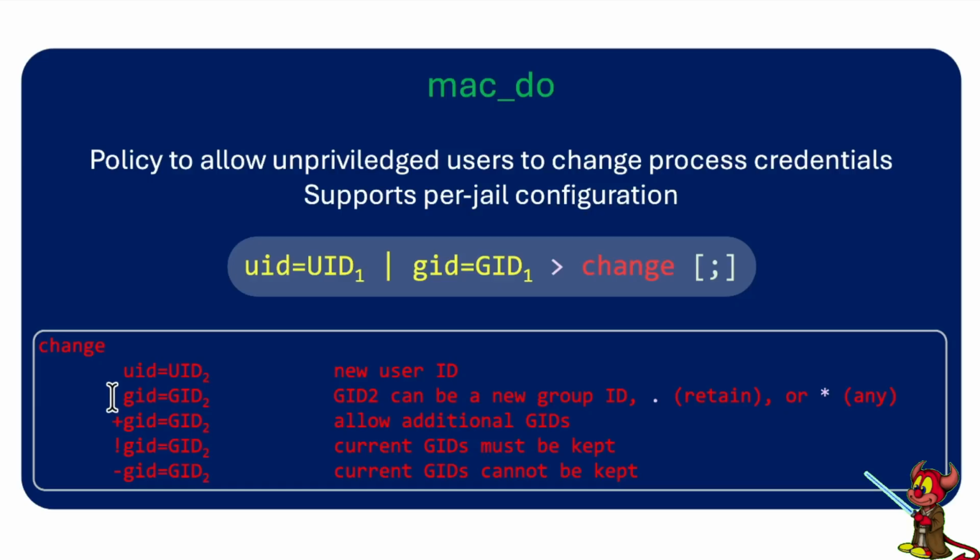It can go to another group ID, or you can have additional group IDs, or you might signal that the current group IDs must be kept, or that the current group IDs of the original user cannot be kept. You can join several of these changes together with commas. For example, I could say that user ID 1 goes to user ID 2, comma, another group ID.